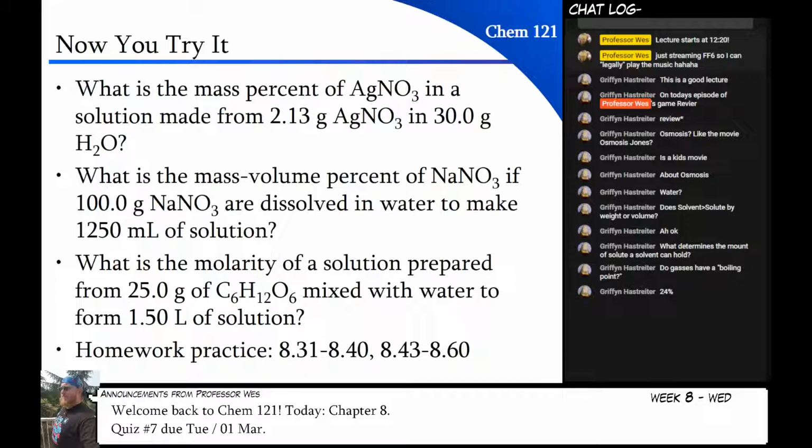Possibly start chapter 9 on Monday as well. We'll probably finish chapter 9 on Tuesday. There may be an extra lecture just to squeeze in enough content. Because I would like to start chapter 10 on Monday of week 10 at the latest. So we'll see if we need to do that. I will send out an announcement if we need to have a third lecture next week. But otherwise, we're done here.